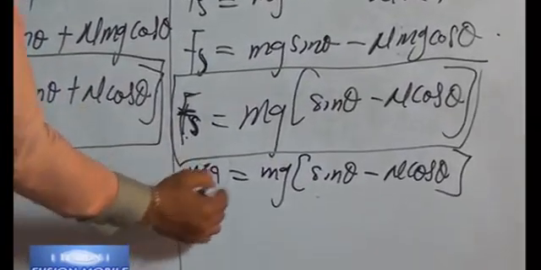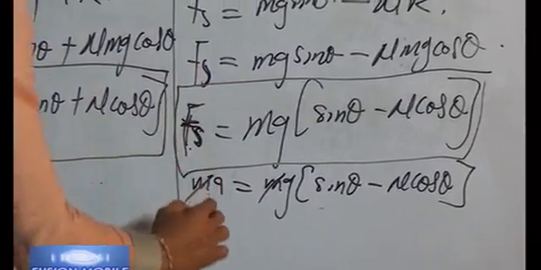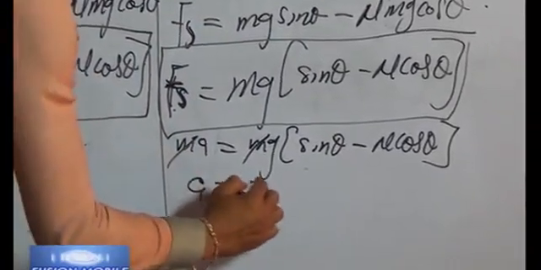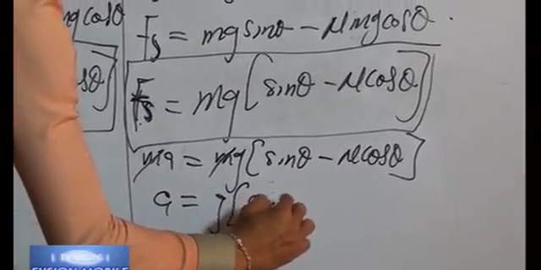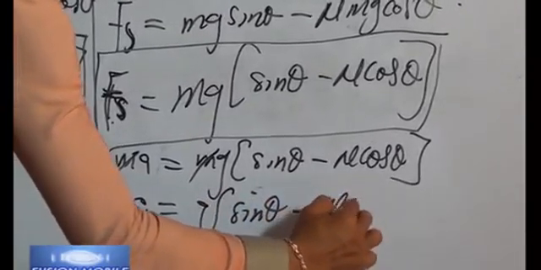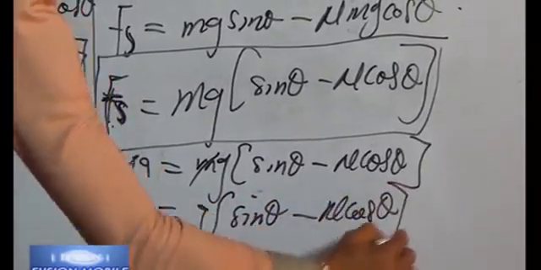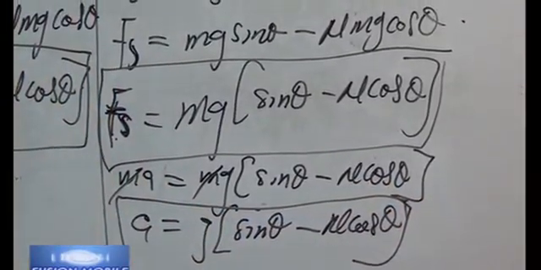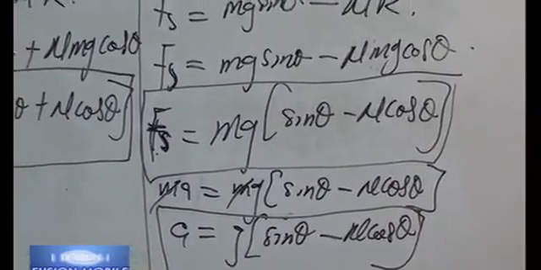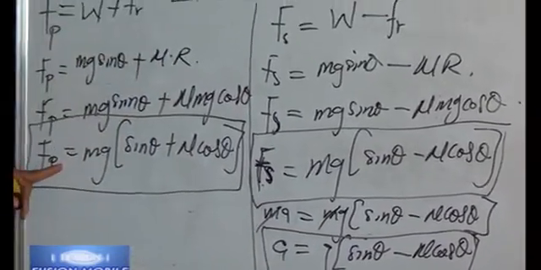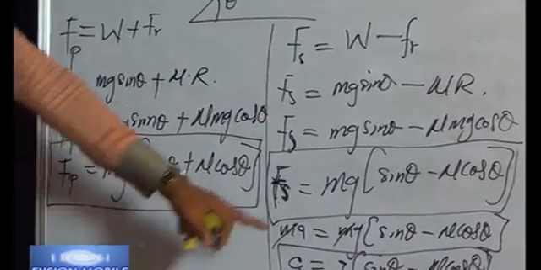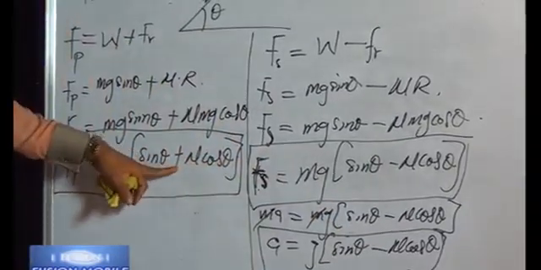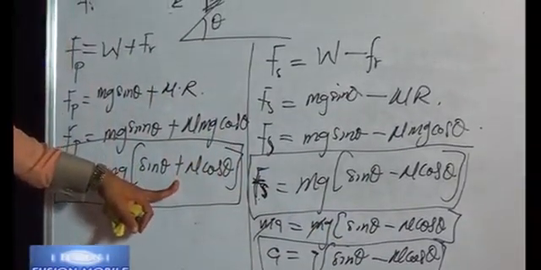That means that m will marry m and both will go maybe somewhere for honeymoon. So we have a equal to g bracket sine theta minus mu cos theta, and this is the acceleration of the system. The same way you can apply it on the pushing force to calculate your acceleration. The only difference is that in sliding we'll have negative at the center, while in pushing we'll have positive at the center.